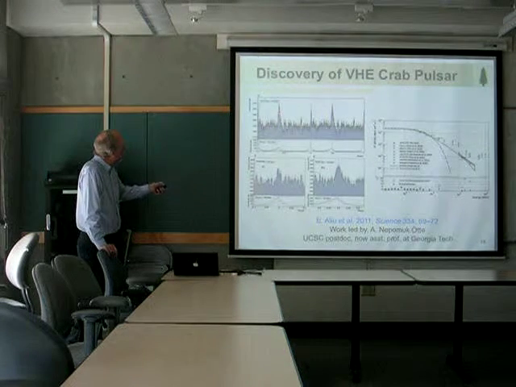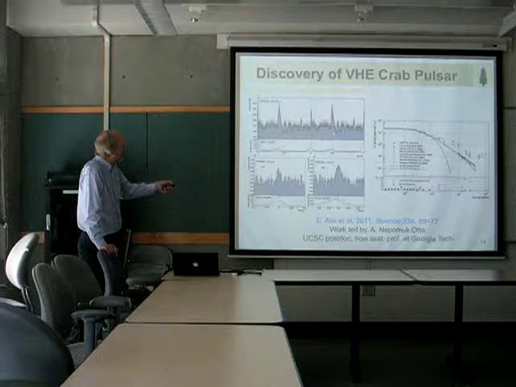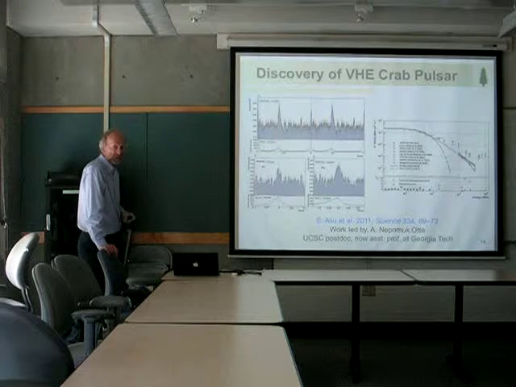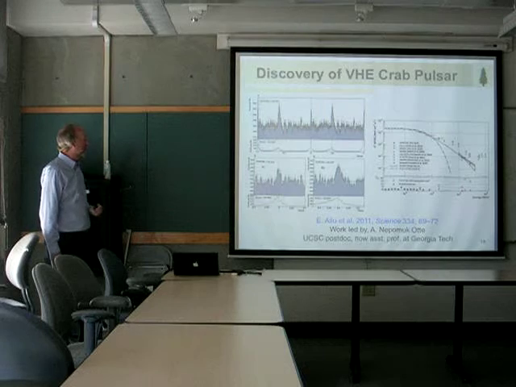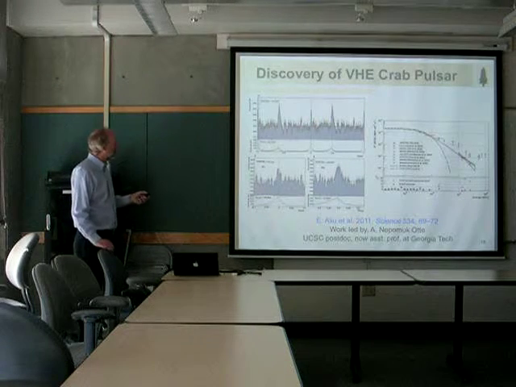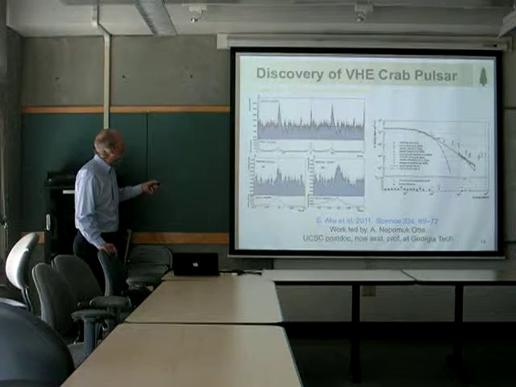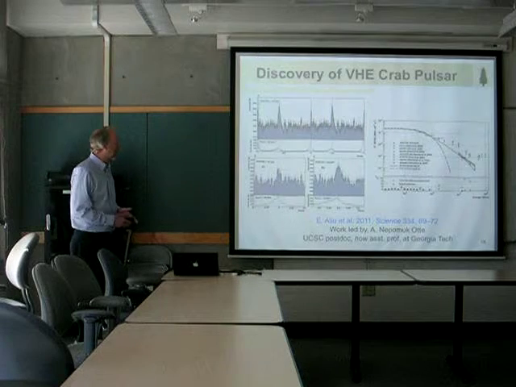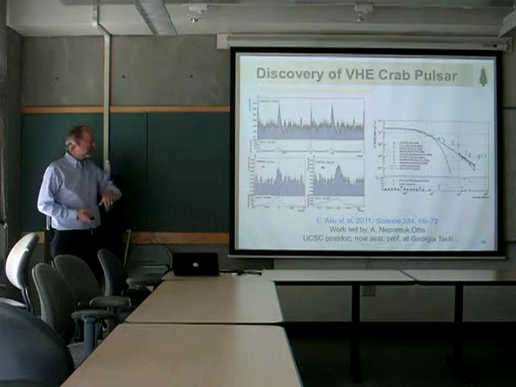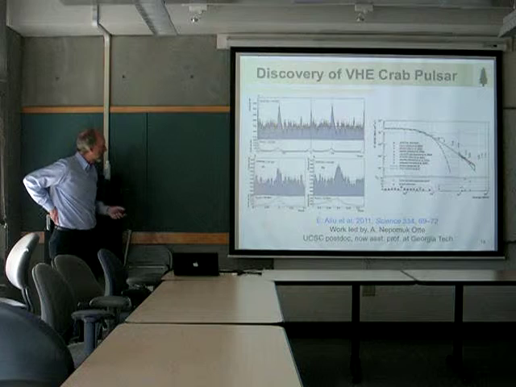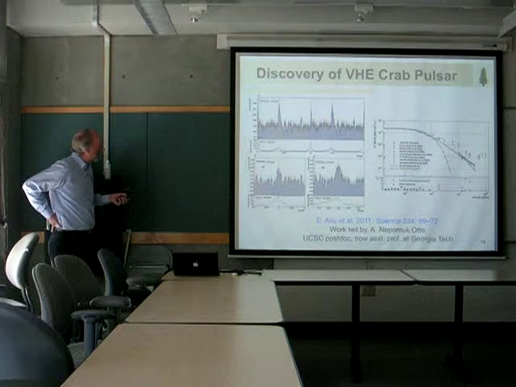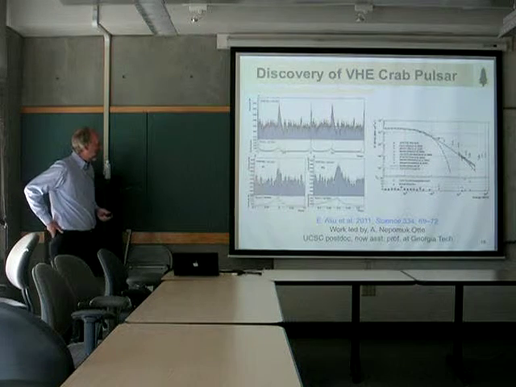And we actually see peaks where the gamma rays come at preferred times with respect to the rotation of the pulsar. So this is an indication that there are very high energy gamma rays that are part of this lighthouse beam from the Crab. And this was not expected theoretically.